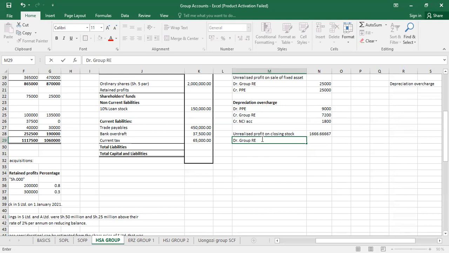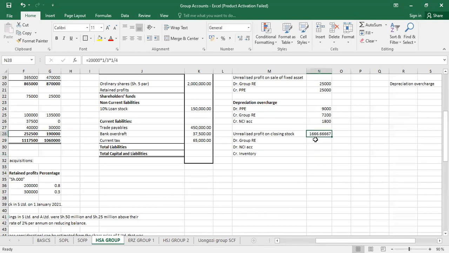But here, because it is an upstream sale, when the sale is upstream, we also debit the NCI account. Then we credit inventory the full amount. So here we will credit the full amount.